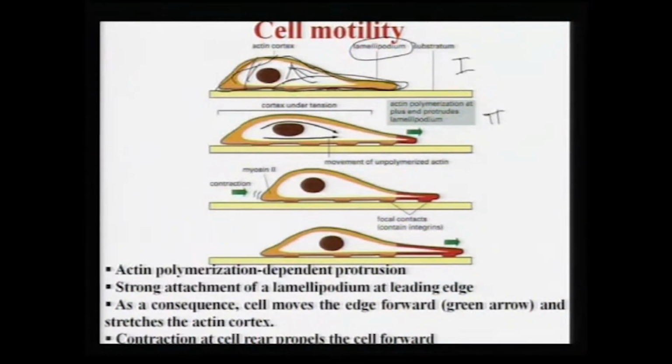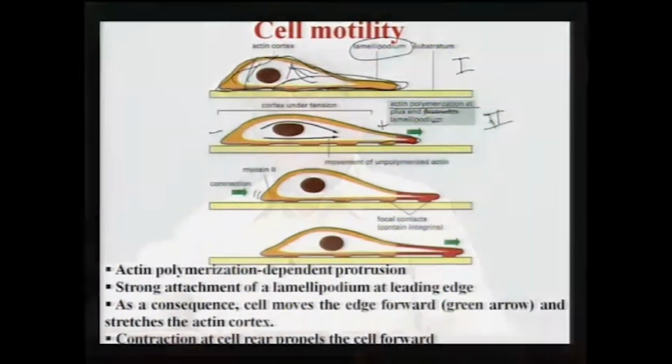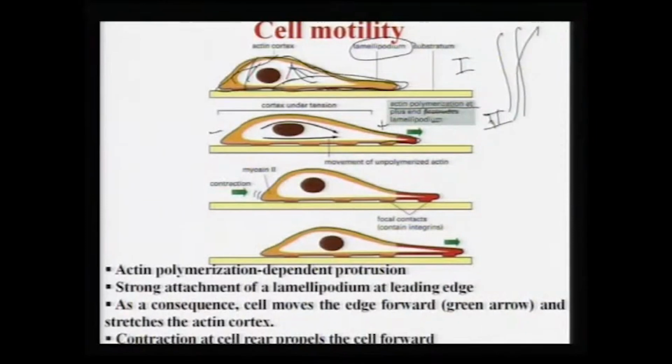In stage 2, you see that actin repolymerization takes place at the plus end. There is a polarity difference, plus and minus, and that protrudes the lamellipodium. So, at the leading edge of the cell, more actin polymerization takes place. If you remember, actin polymerization means there are a large number of actin filaments.